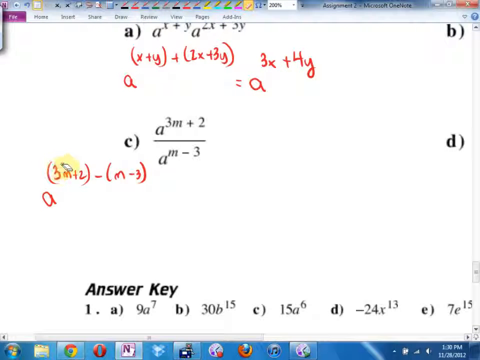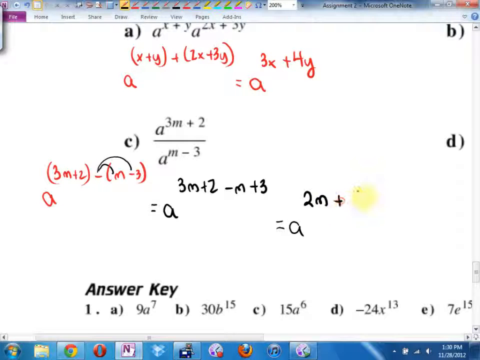Nope, I can ignore it. Is there something in front of the bracket right here? Ooh, yes, which means that's going to become negative, and that's going to become a minus minus. So if I hear you correctly, I'm going to get this: a to the 3m plus 2 take away m plus 3. A to the 2m, 3m take away m, plus 5, yeah? 3 plus 2. Okay?